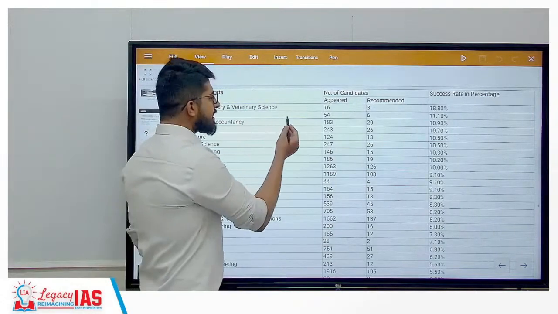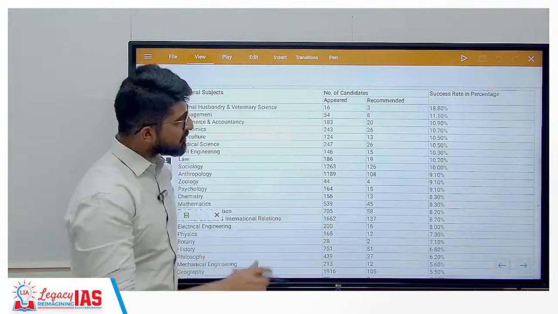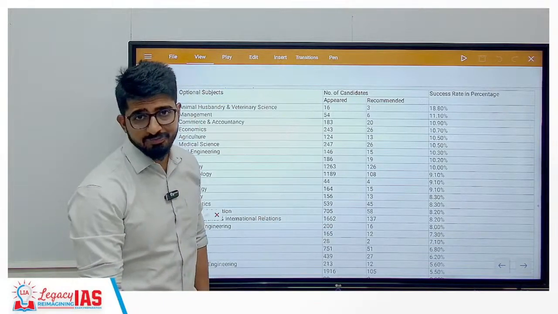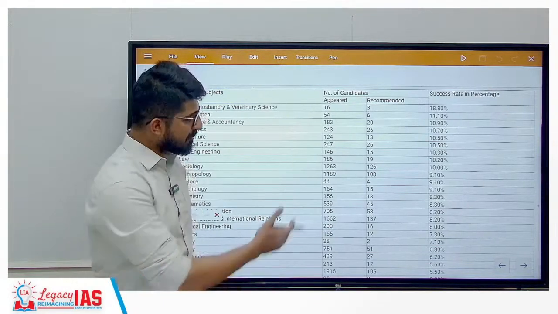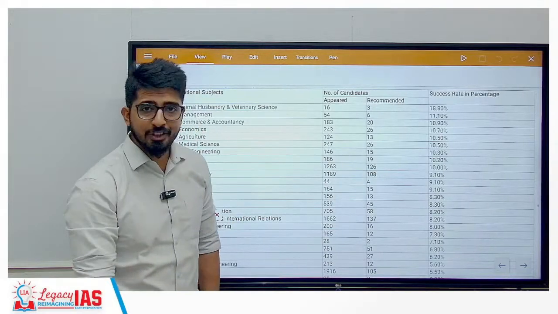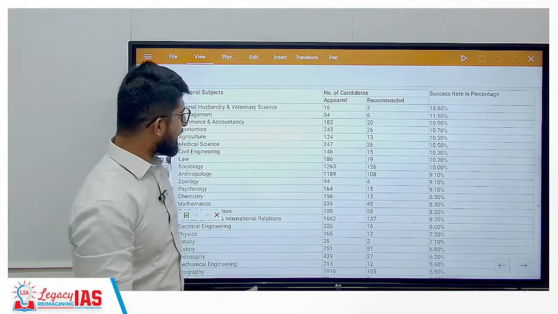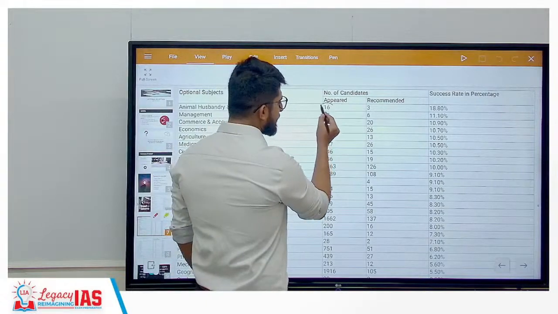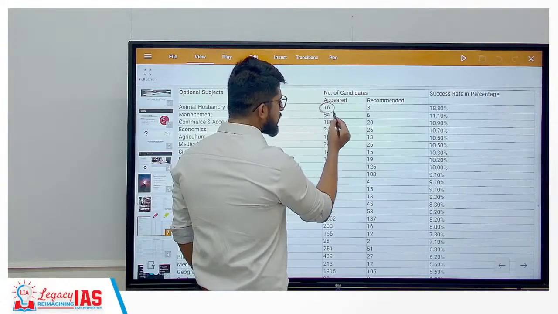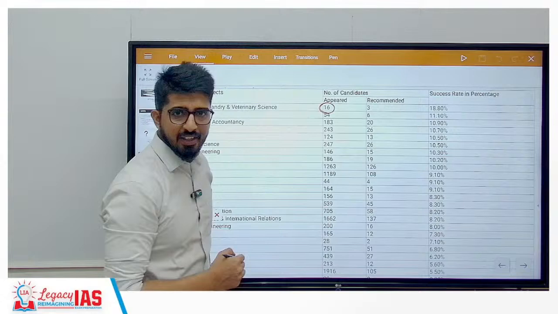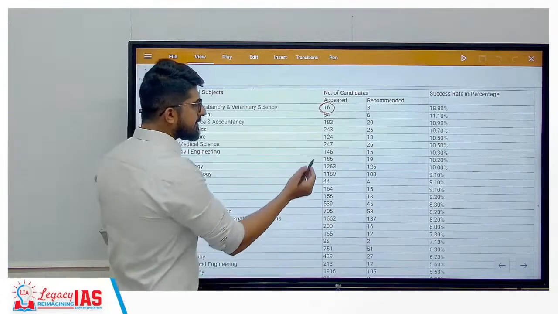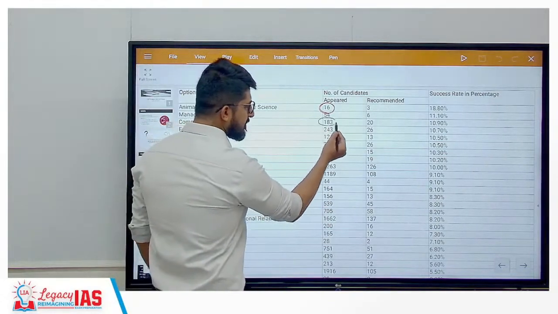See, animal husbandry and veterinary science, the success rate is almost 18%. Now that is very, very high compared to all the other optionals you see. But the thing is, look at the number of people who appeared. It is only 16. We'll say, yes, if we take more than 100, this is the best performer.